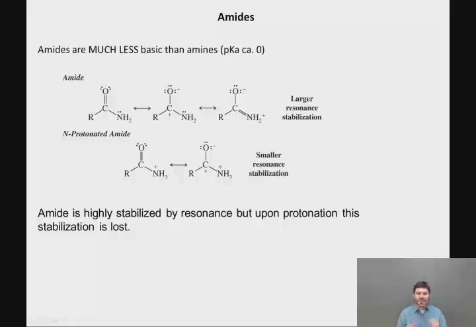So in this case, we say that the protonated amide really does not have any resonance stabilization, whereas the amide itself, not protonated, does have resonance stabilization. So the loss of that resonance stabilization upon protonation means that this nitrogen actually does not want to be basic, and thus its conjugate acid is a strong acid.